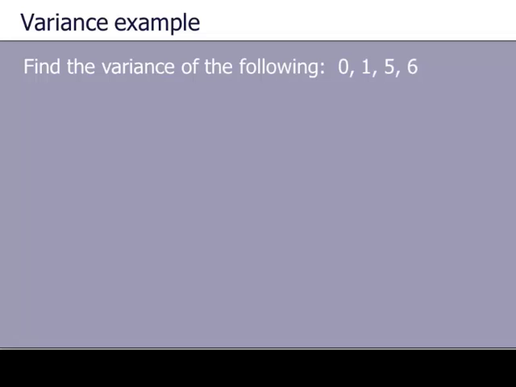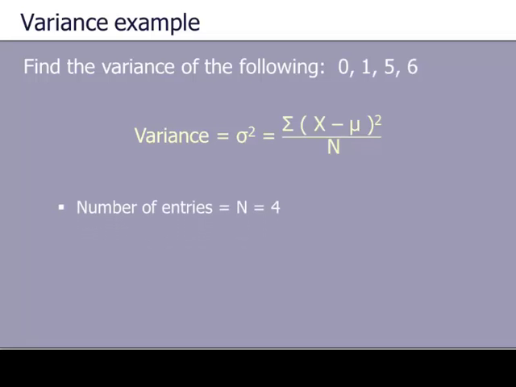Let's work through an example. We want to find the variance of 4 numbers, 0, 1, 5, and 6. We will use the formula for variance. To compute the variance from this formula, we need to know several things. First, we need to know the value for n, the number of values in the data set. We have 4 numbers in the data set, so n equals 4.